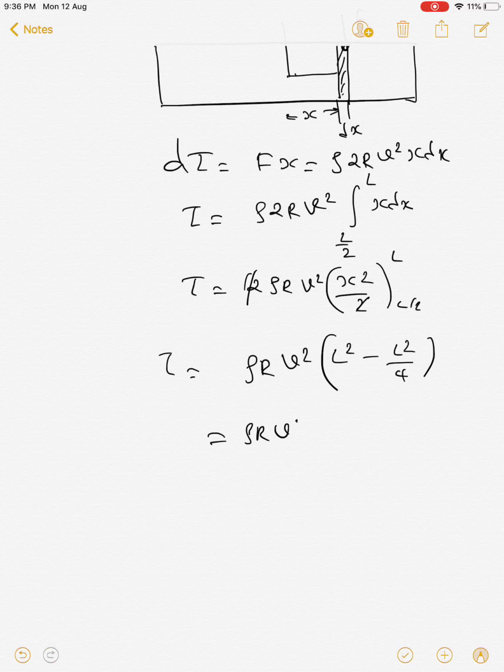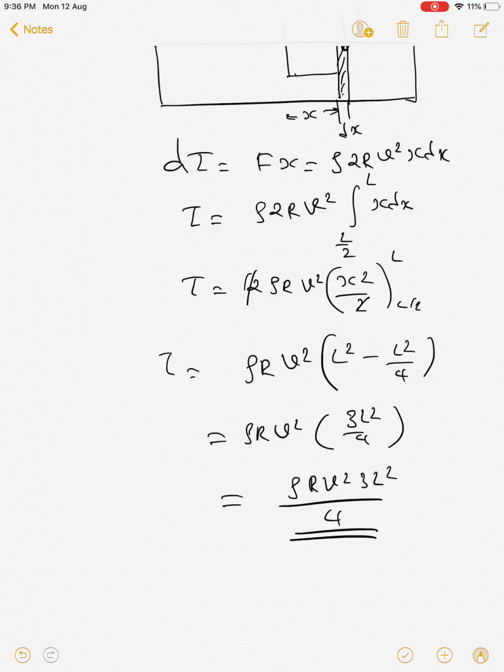This we can take as rho r v square into 3L square divided by 4. So the value of torque is rho r v square 3L square divided by 4.